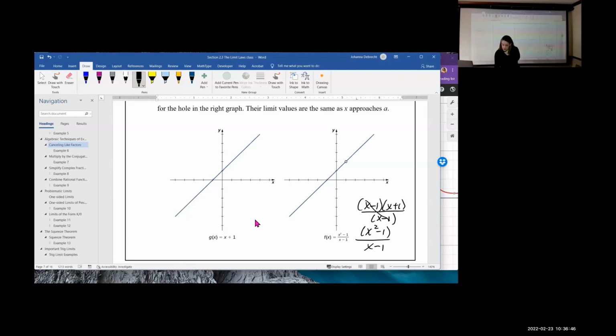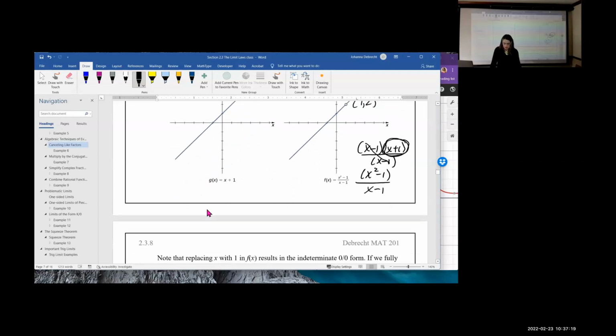The two cancel, but because it was there in the original function, thou shalt not divide by 0, you cannot allow x to be 1, because that makes the original 0 over 0, which is undefined. So we make a hole in the graph at the value 1 plus 1, which is 2. So we have a hole in the graph at 1, 2.